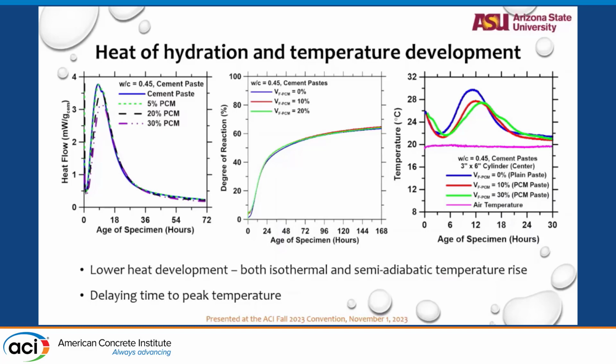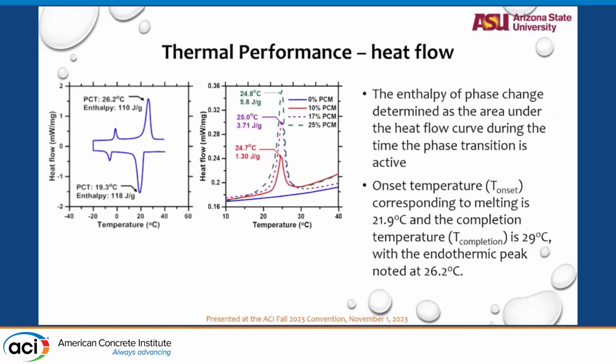We also looked at the degree of reaction of the concrete, and there was not much significant difference in the amount of CSH formation. As the heat of hydration is lower, the general temperature of the concrete itself is lower with the use of PCM, and we can see that the highest heat peak is slightly delayed by the use of PCMs.